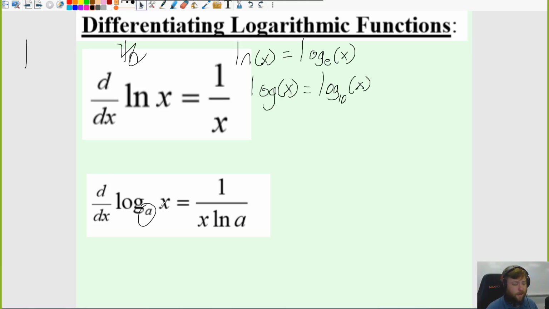Okay, so I don't see this happen too much. I feel like this is a jerk problem to throw at you. Because who does bases other than e all the time? So if I did a derivative of log of x, this would be like, hey, I want to trap you. It's 1 over x log base 10 of a. Oh, wait.